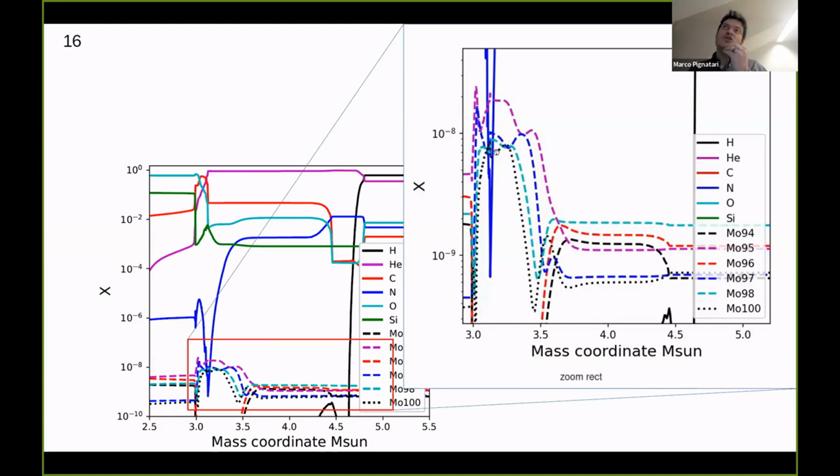If the shock is not strong enough, you would have no enrichment in molybdenum 97, for instance, mostly only molybdenum 95, because it's lighter, so it's easier to enrich by the n process than molybdenum 97. So since we have this double peak, 95 and 97, it is telling us information about how strong the shock was at the bottom of the helium shell.